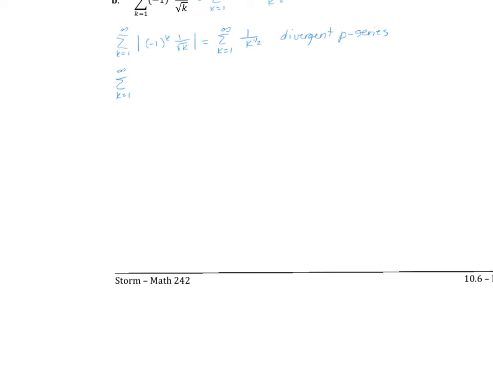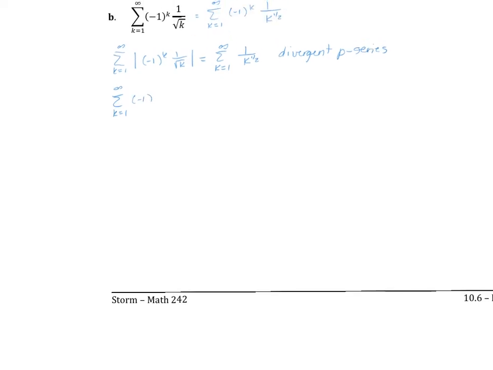So if we look at the alternating series, negative 1 to the k times 1 over k to the 1/2. Well, the limit as k goes to infinity of 1 over k to the 1/2 is equal to 0.